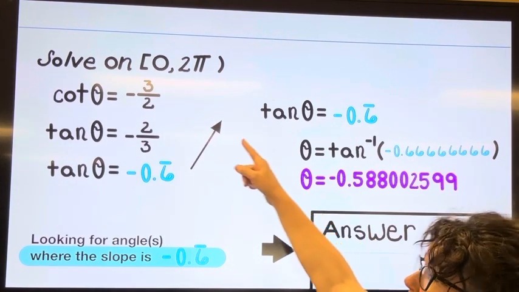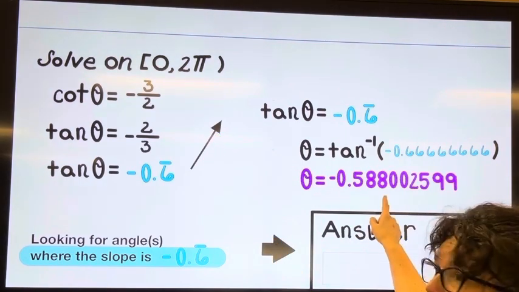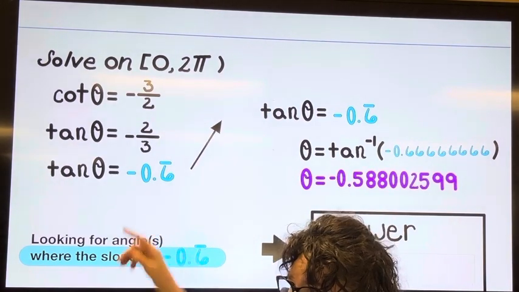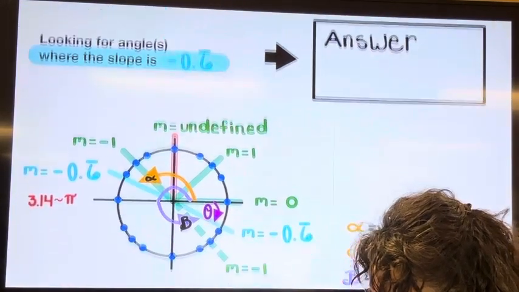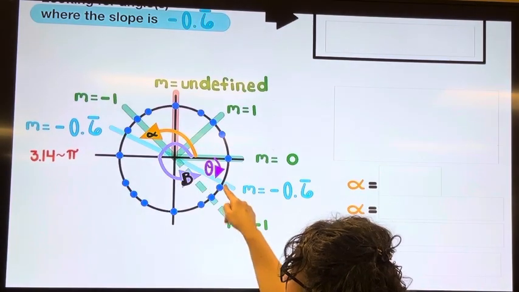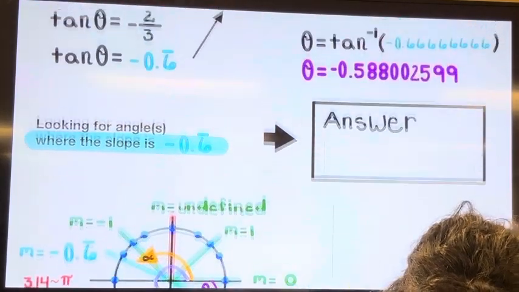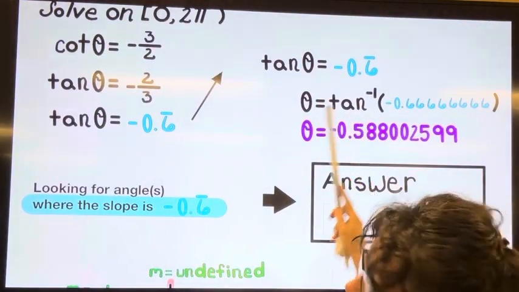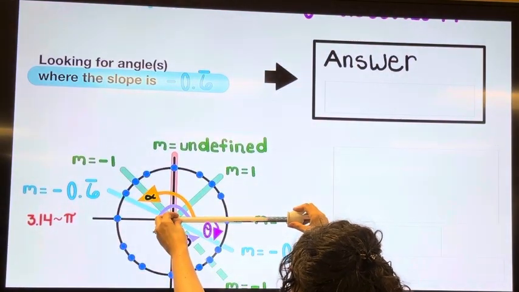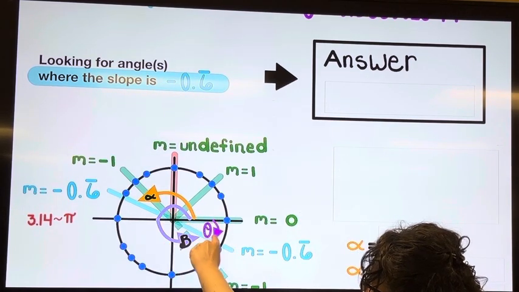This angle measure is not on 0 to 2 pi, but it is an angle measure where the slope of the line is -0.6 repeating. So let's think, where is that? All right, well, that's right here. See how theta, if you were to sketch a picture of the slope -0.588, here, if I go a negative angle, I rotate this way, and so that's this angle right here.